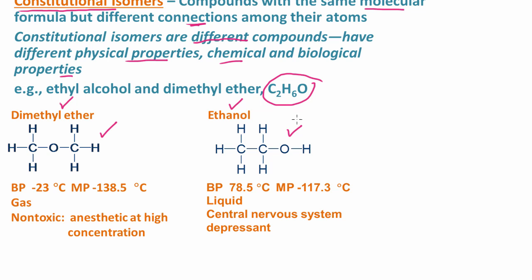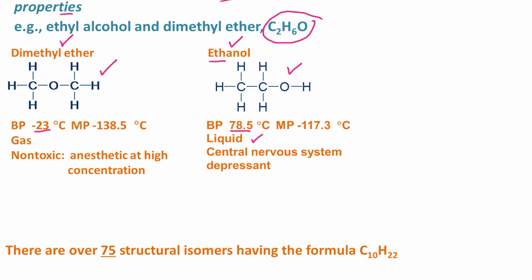These are constitutional isomers. Dimethyl ether has a boiling point of negative 23 degrees. It's a gas at room temperature, and it was used as an anesthetic at high concentration. Ethanol, on the other hand, has a boiling point of 78.5 degrees. It's a liquid at room temperature, and it's a central nervous system depressant. So these are constitutional isomers.